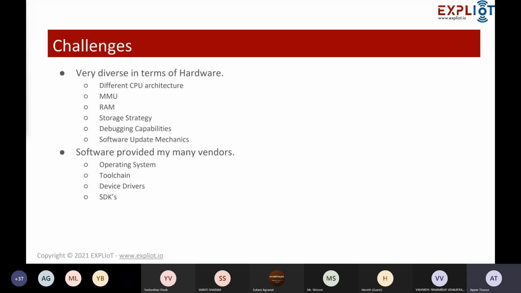Some of the challenges that we face when we talk about firmware is that it is very diverse in terms of hardware. You have different CPU architectures, different memory management units, different ways of execution on RAM, storage strategies, debugging capabilities, and software update mechanisms.